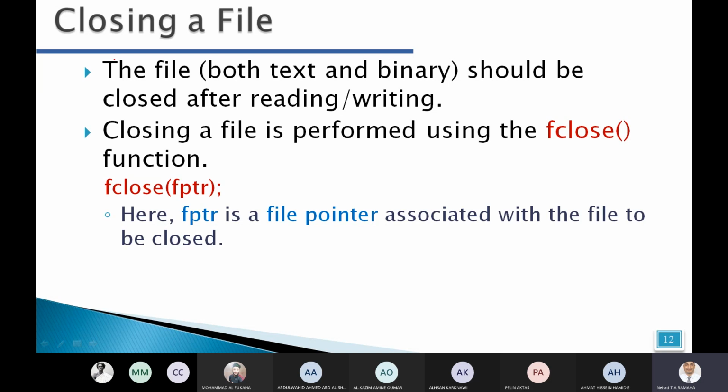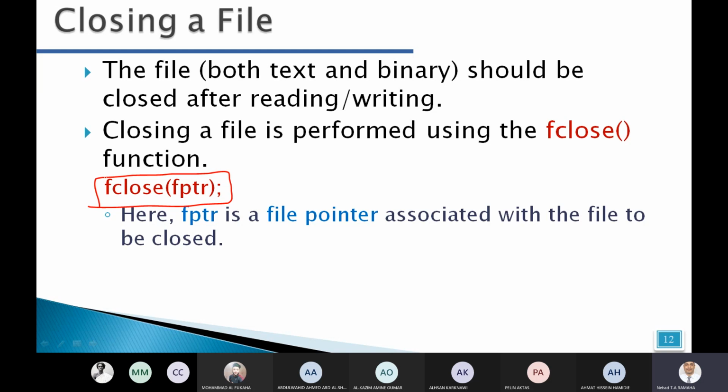Closing the file, we use fclose to close the file. It's good practice to close the file after using it, so you avoid any wrong closing of the file, which will sometimes cause losing data from the file.